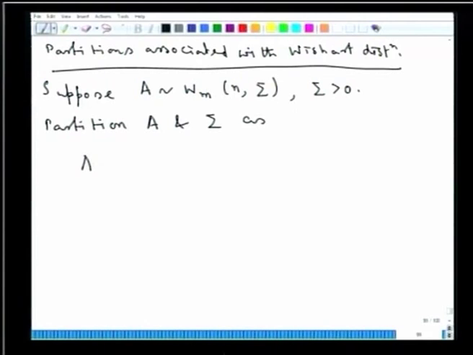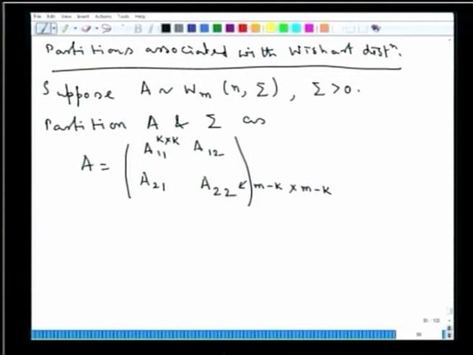Suppose we have A to be partitioned as A11, A12. Now this A11, let us make that a k by k matrix, and this is A22, this is A21. Now this has got the order m minus k by m minus k.